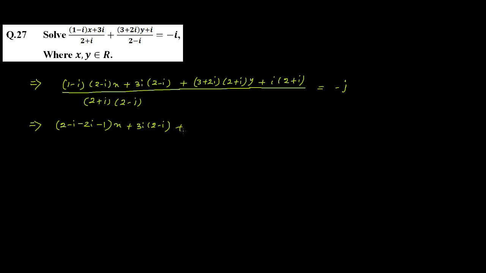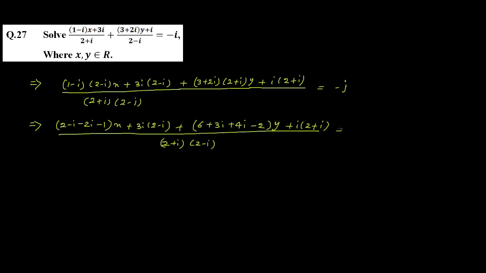plus this is 3 iota into (2 minus iota), plus (3 plus 2 iota) into (2 plus iota) which is 6 plus 3 iota plus 4 iota minus 2, because 2 iota into iota is 2 iota square, that is minus 2, into y plus iota into (2 plus iota), divided by (2 plus iota) into (2 minus iota) is equal to minus iota.